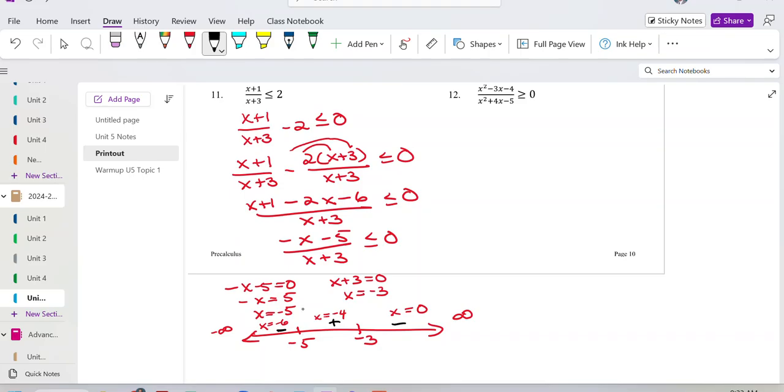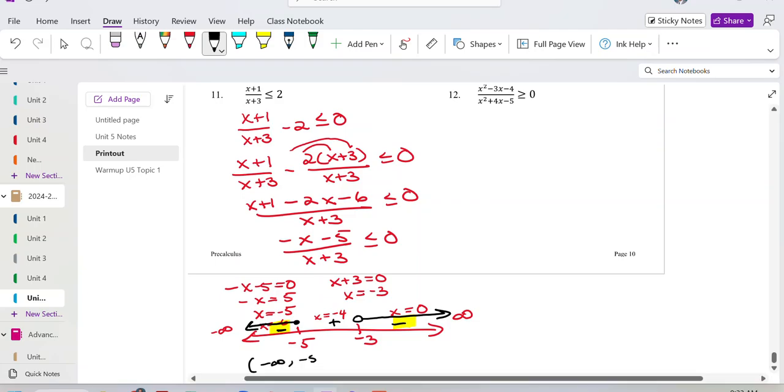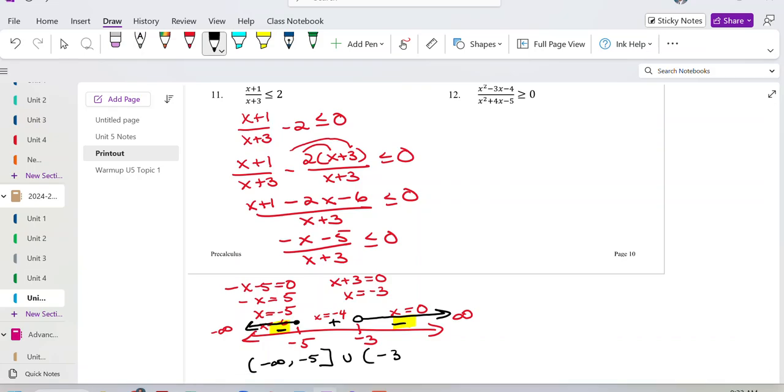So now remember, it's less than or equal to, so the numerator can equal 0, but the denominator cannot. And then since it's less than, you're looking for the negatives. So therefore, it's going to go to the left here, and then it's going to go to the right there. So it's going to be from negative infinity to negative 5 with a bracket, but then a parenthesis, negative 3 to infinity.